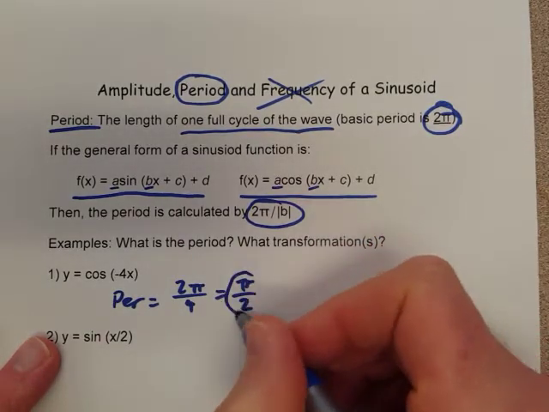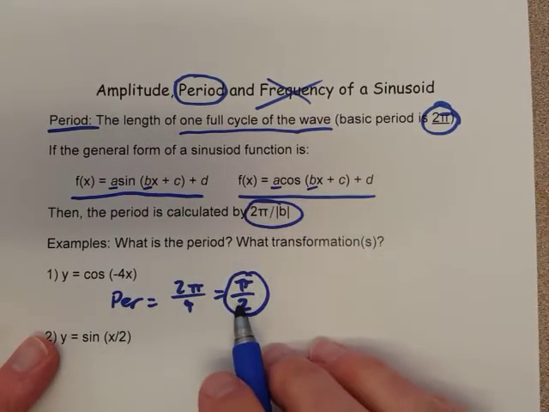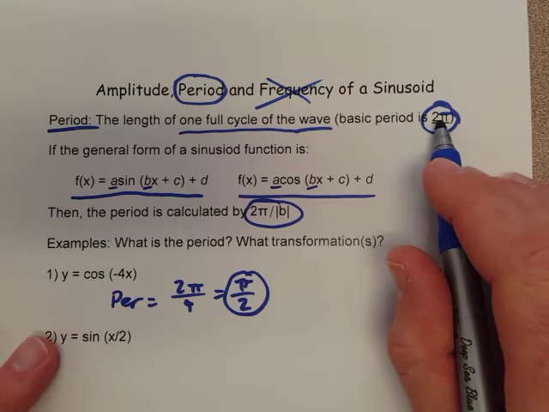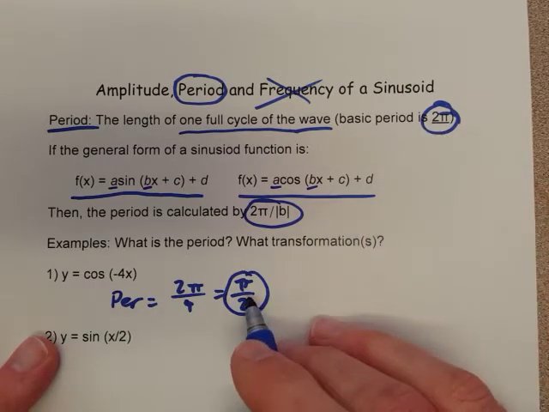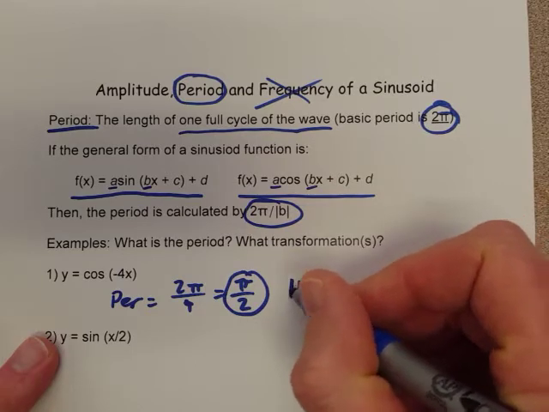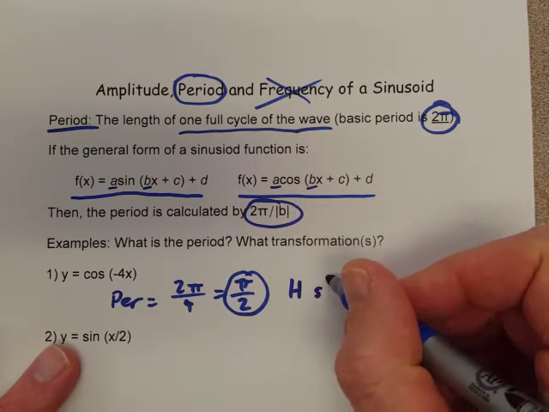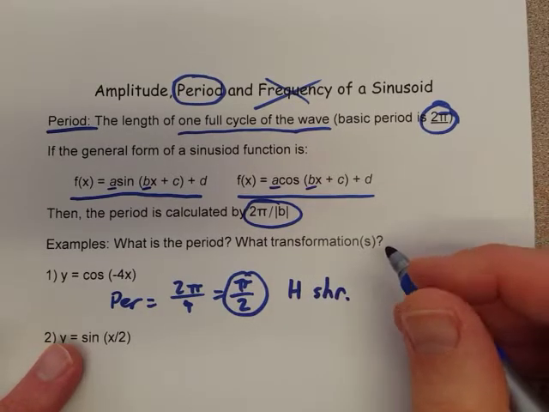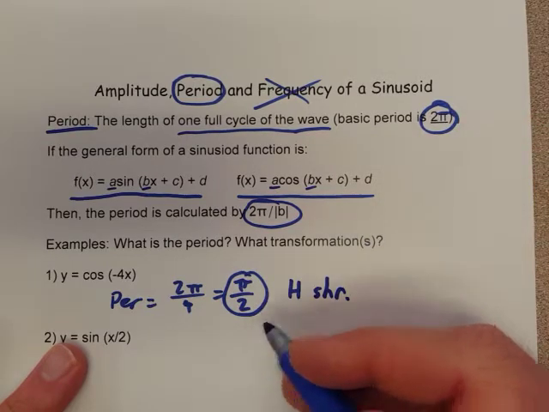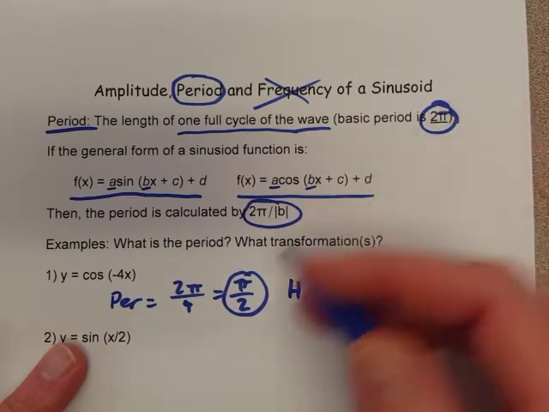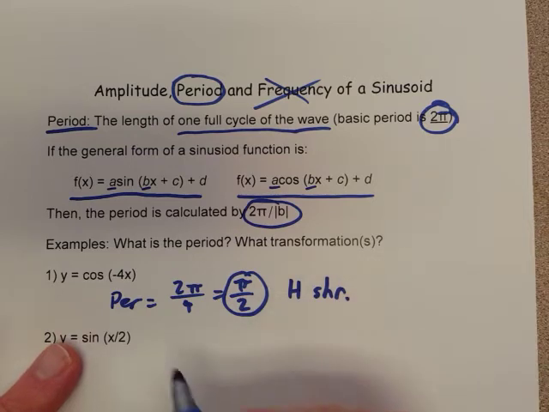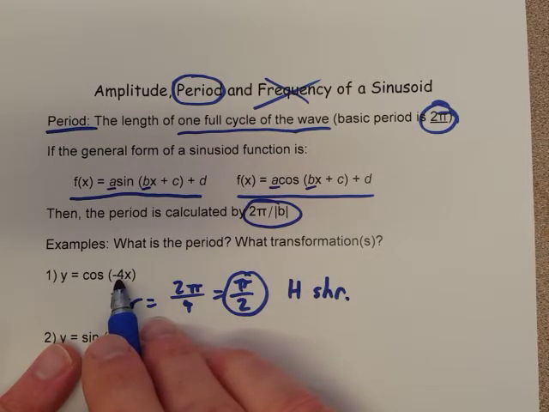Now notice that pi over 2 being the period, that is a smaller distance than 2 pi. So we're going to say it is a horizontal shrink because it's smaller than the 2 pi. Now how much did it shrink by? How many times smaller is it? Well, we can get a clue from the fact that this is 4.